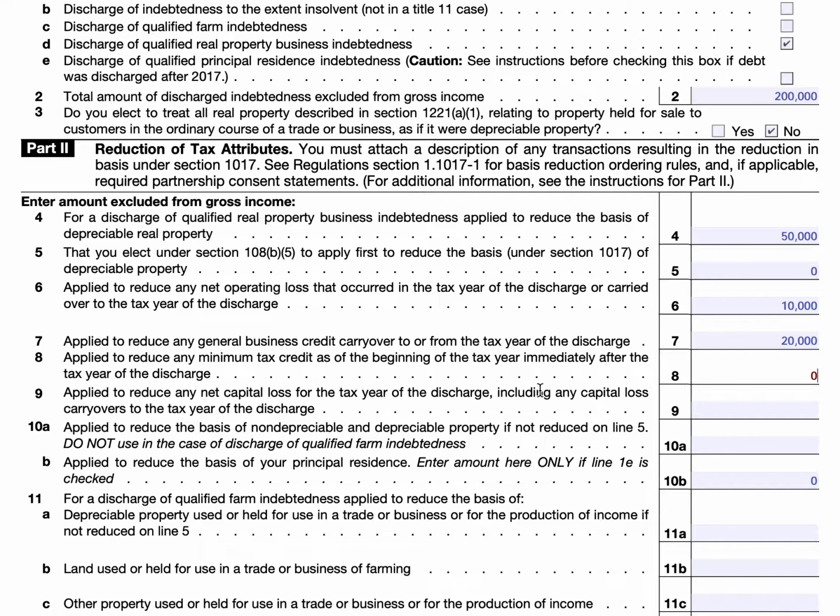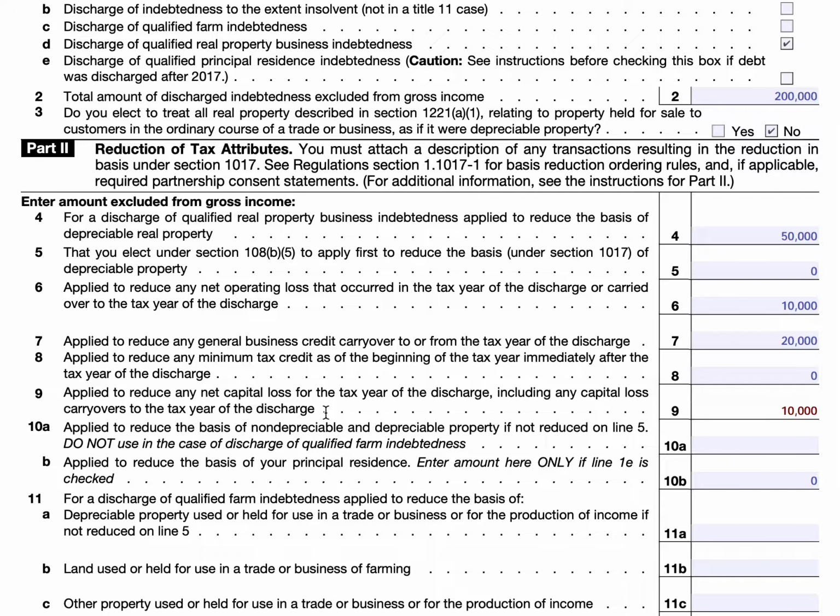Any net capital loss for the tax year of discharge. So we talked about operating losses, but if you discharge property in a prior year and you incurred a net capital loss that you're carrying forward, then you can eliminate down here. Let's just say $10,000.